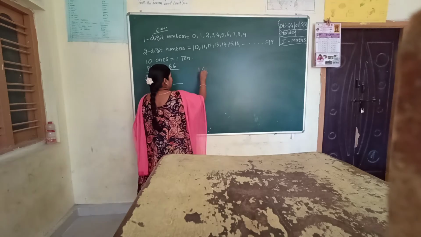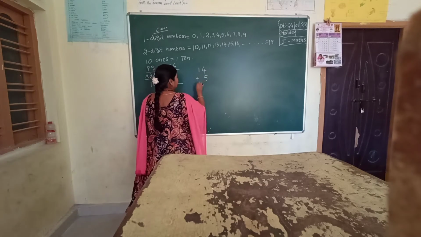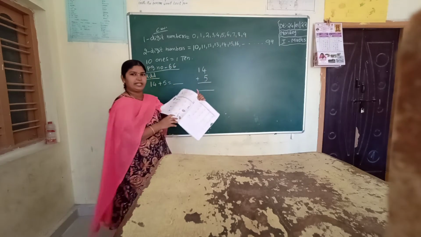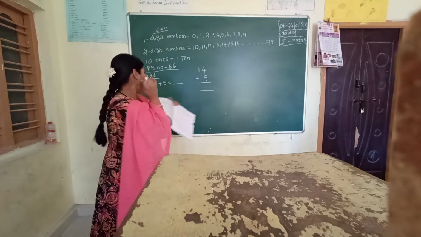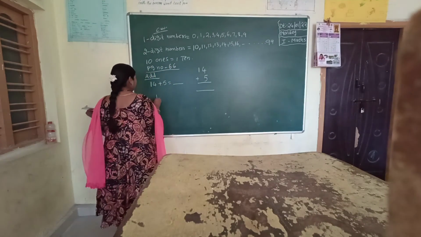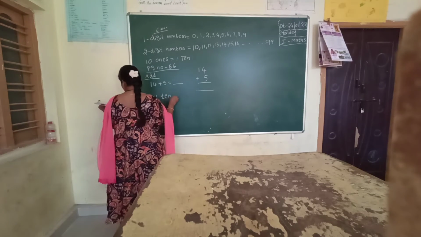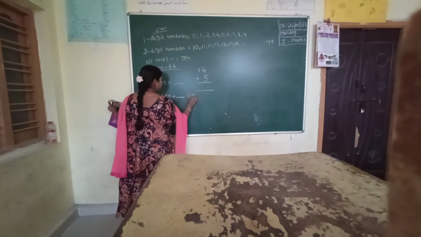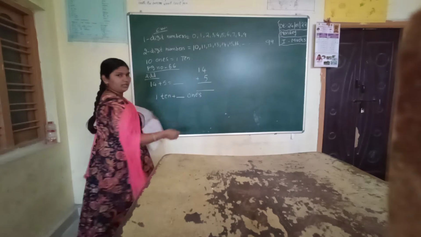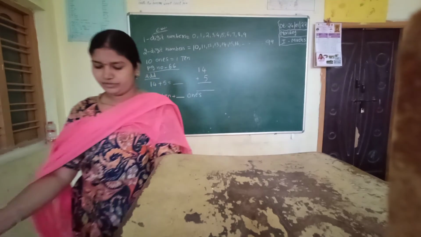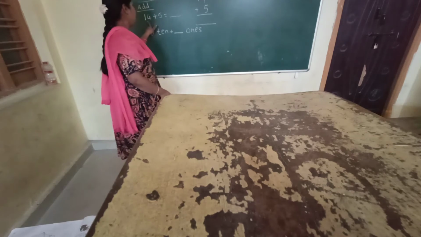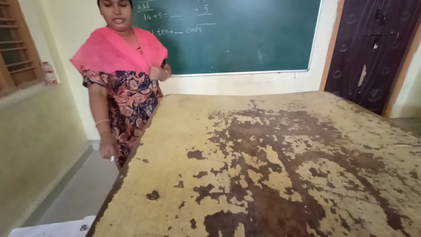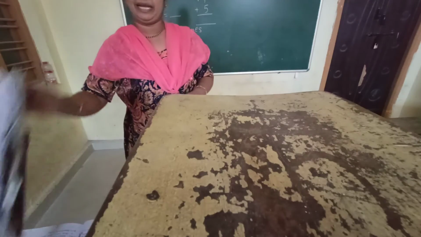Here they have given 14 plus 5. Now you have to count. They have given 1 ten plus dash ones. Now see here, children. Here they have given 14 plus 5. In your textbook they have given pencils. See everyone.